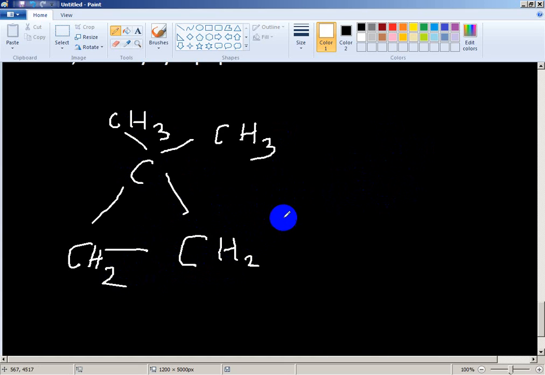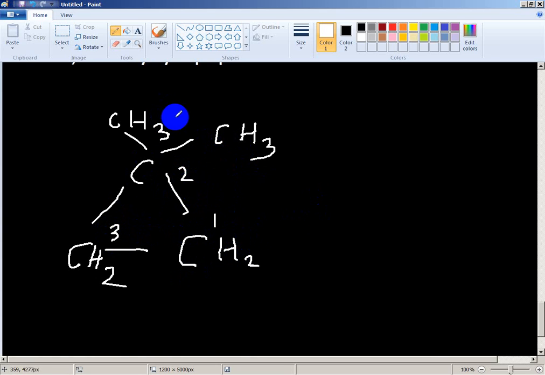What is the name of this compound? This is 1 1, numbering 1 1. I'll give numbering here, 1 here, then 2 here, 3 here. Why do I not give numbering here? If I give this 2 3, what will be the naming? This is one type of naming.